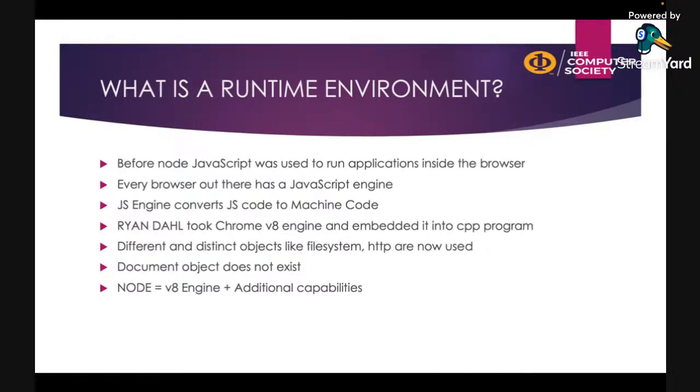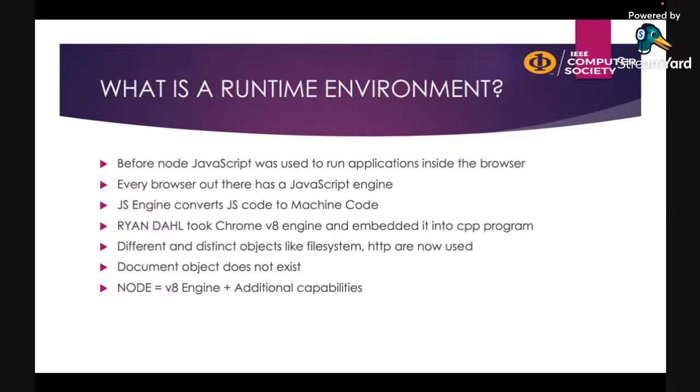Now let's understand what a runtime environment basically is. Before Node, JavaScript was used only to build and run inside our browsers. Every browser has a JavaScript engine. A JavaScript engine takes JavaScript code and converts it into machine code that our computer can understand.